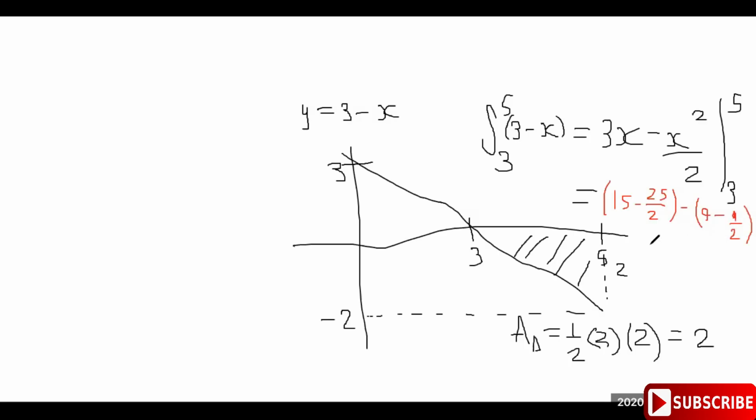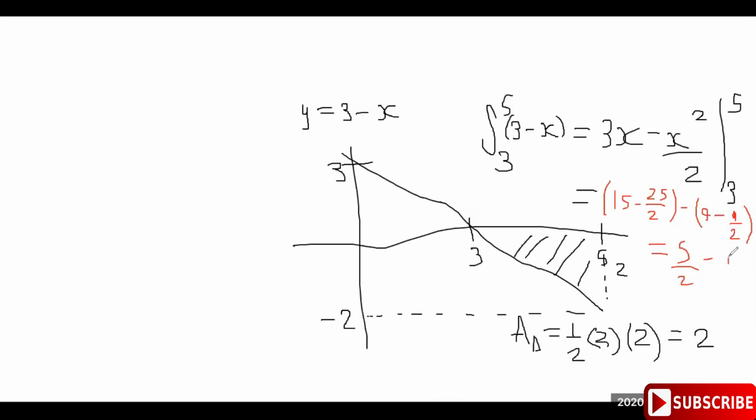All right, so if you put this in a calculator, 15 minus 25 over 2, what we're getting is 2.5 right there. That part works out to be 5 over 2 minus, now 9 minus 9 over 2 is 4.5.